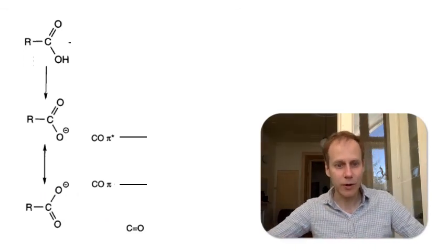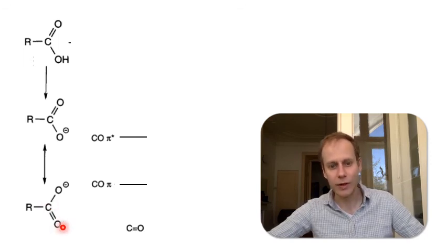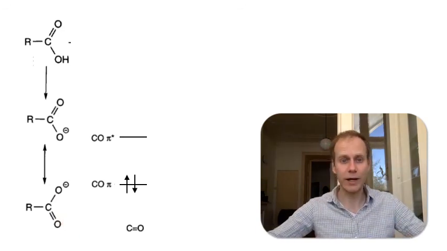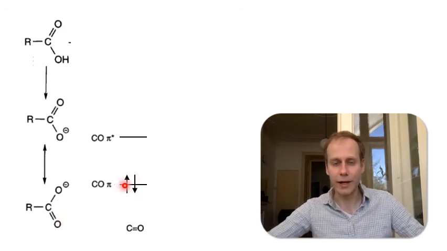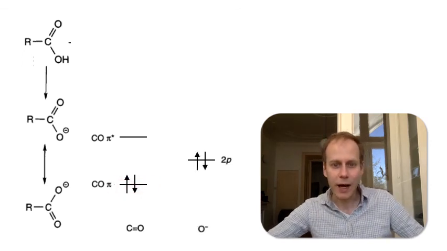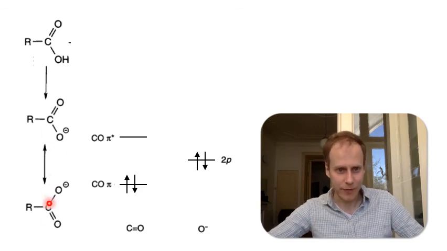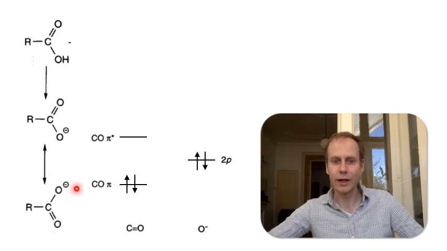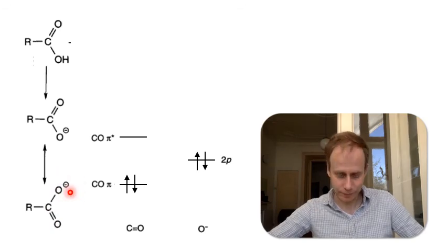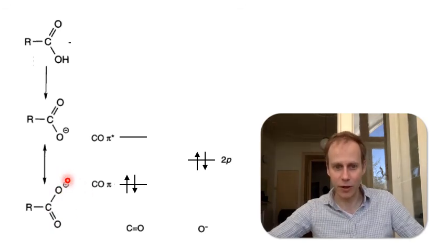So now we know there's one electron in the carbon p orbital, one electron in the oxygen p orbital. Now these two electrons combine to go into the lower energy pi orbital, right? The other orbital that's involved in the formation of this pi network is the lone pair on the oxygen, right?